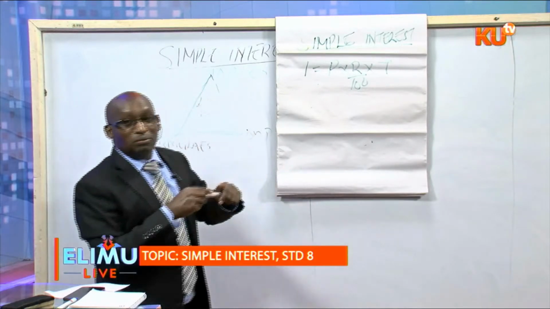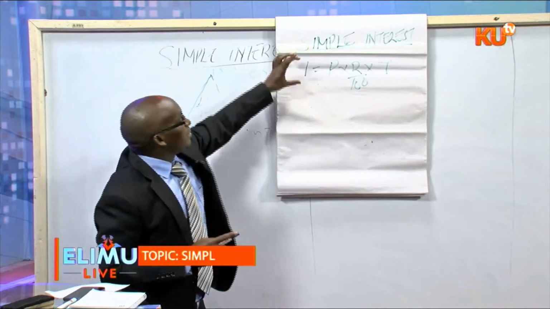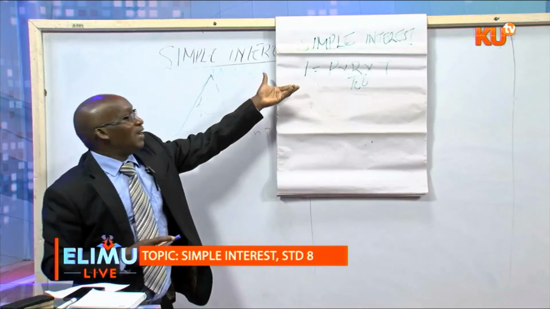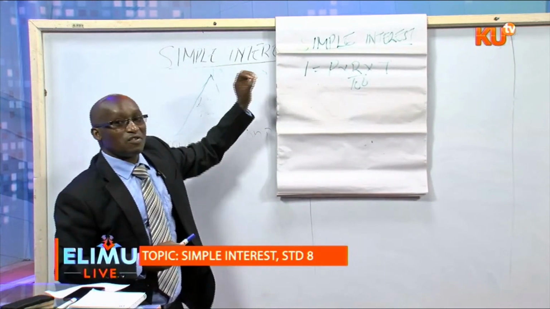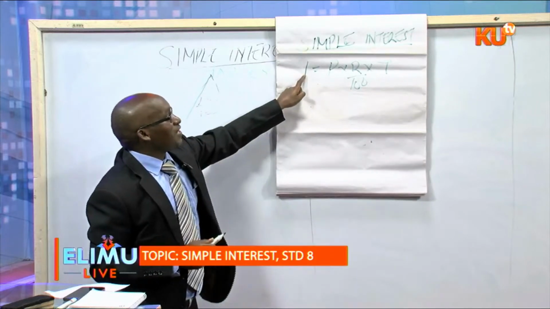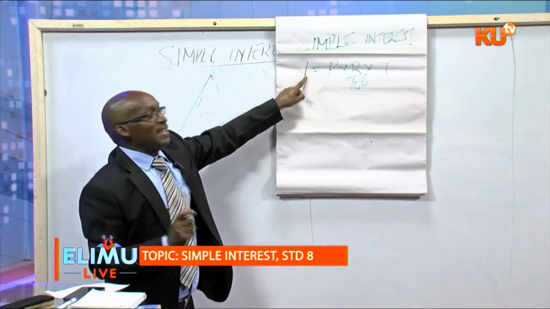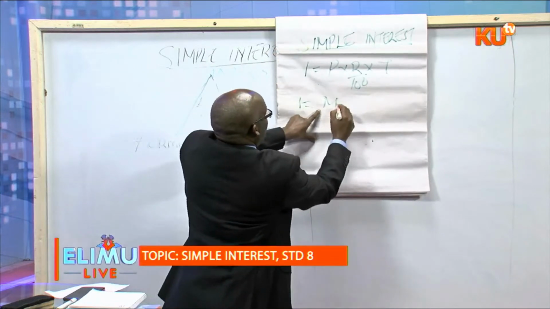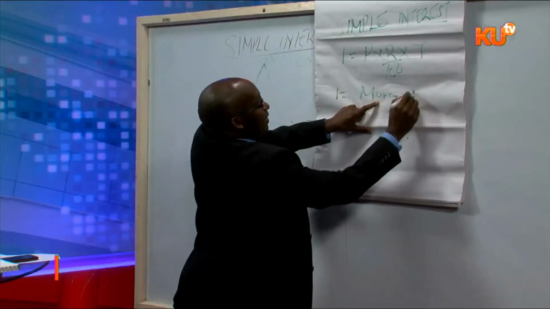And so to continue, I would like to give you the definition of these four variables that are applied as far as calculation of simple interest is concerned. Number one, I have interest, which is the money earned.